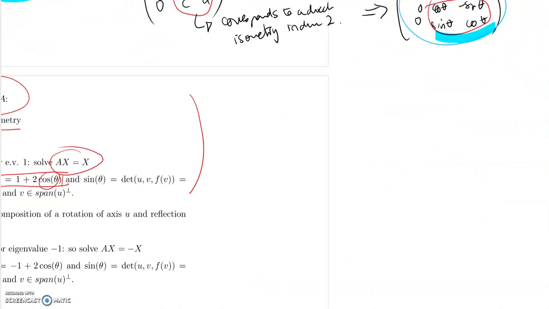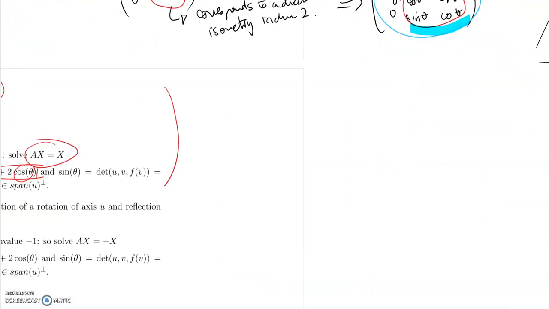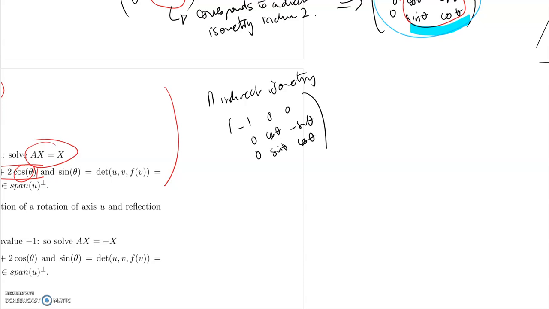So what can we understand from it? We have some matrix, an indirect isometry. It's going to look like -1, 0, 0, 0, 0, and then we've got this cosine of theta, this minus sine of theta, this sine of theta, and this cosine of theta. Great. So, what can we do?